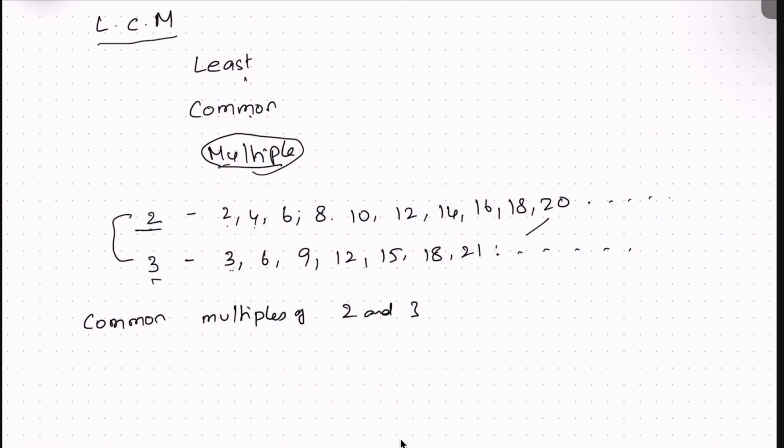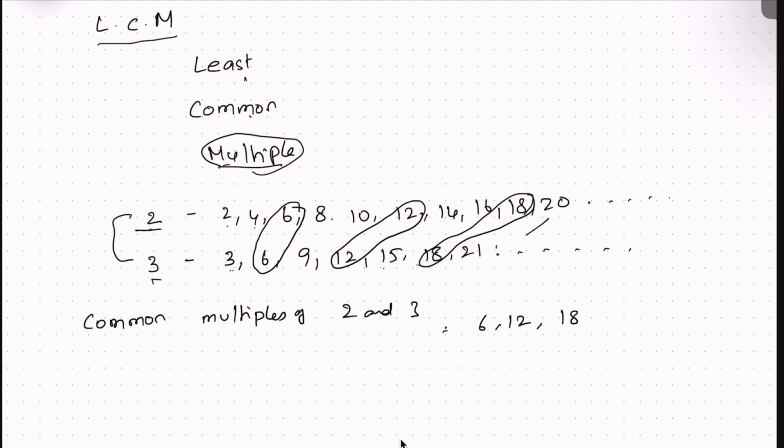No. So you see here 6 is the common multiple for 2 and 3. Then again you come, it is 12. Then the next one you see is 18. So these are all the common multiples for 2 and 3.